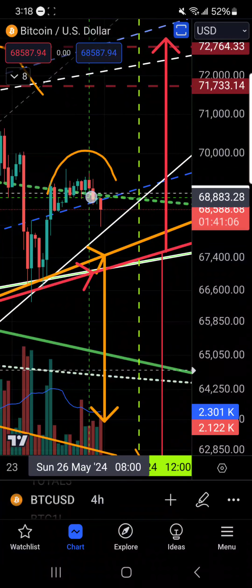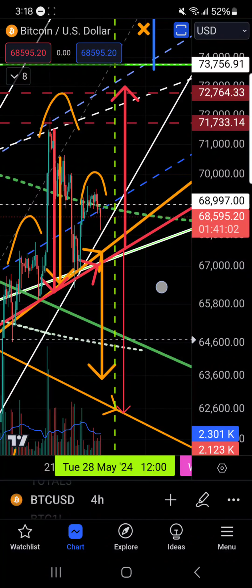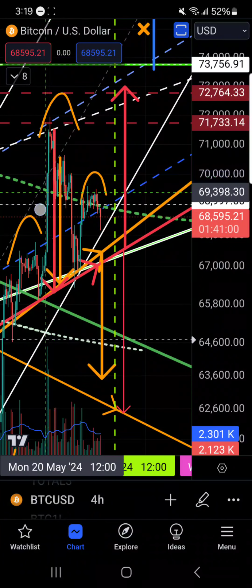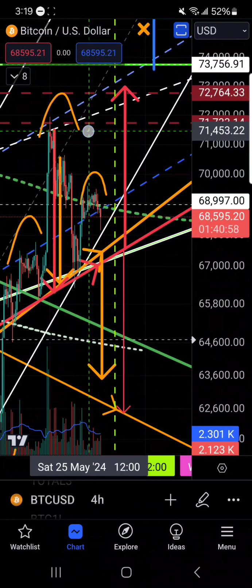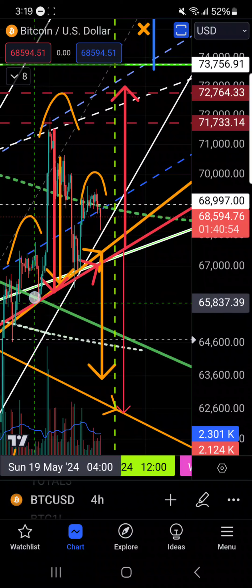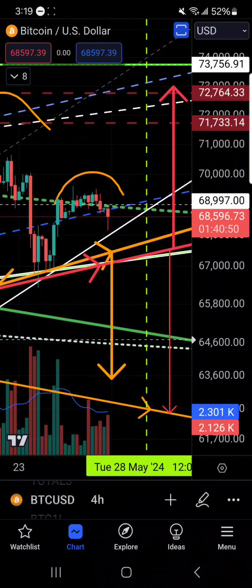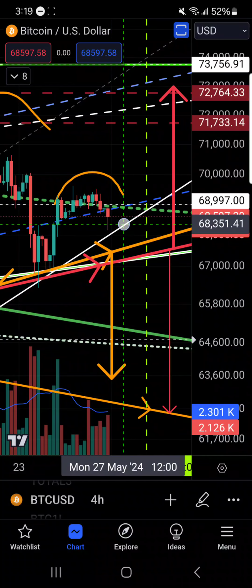So far we are still basically oscillating in the channel that we are traveling upwards in from our previous bull flag pattern. Until we break that line, that's all we're doing.